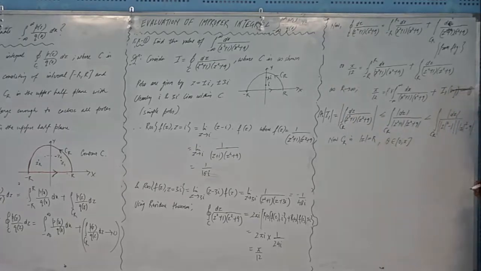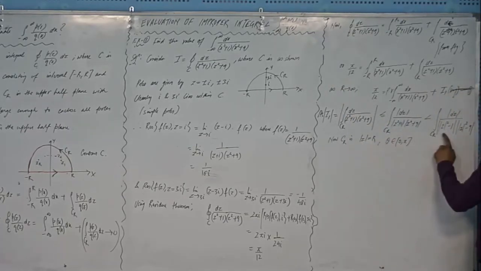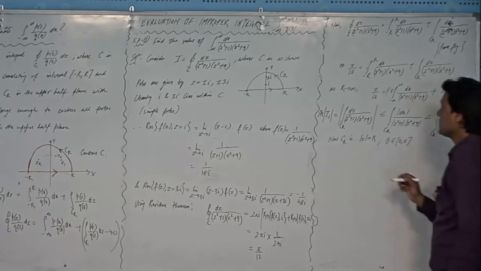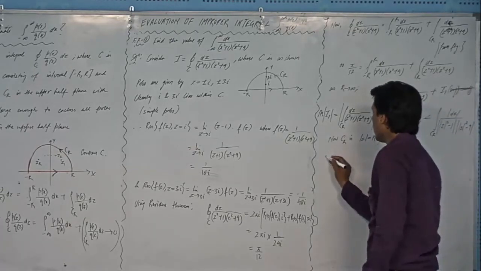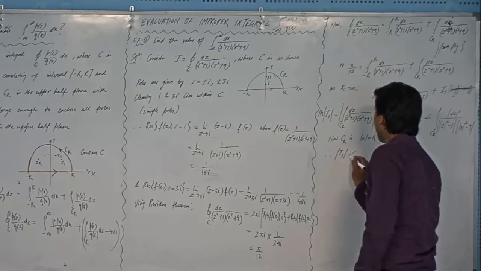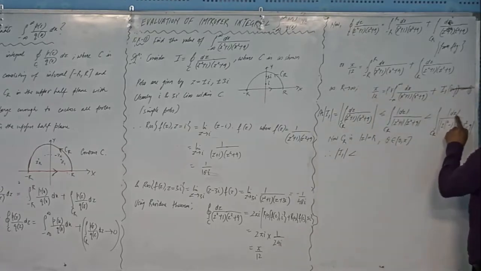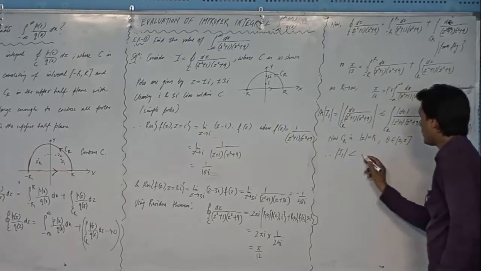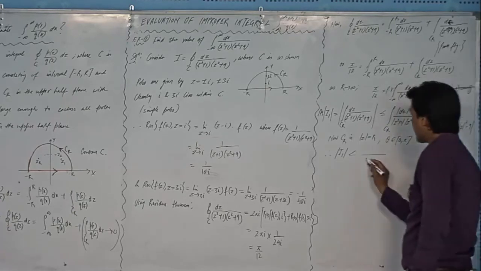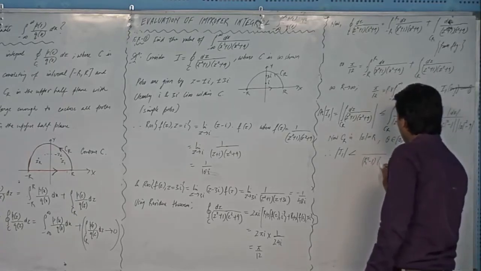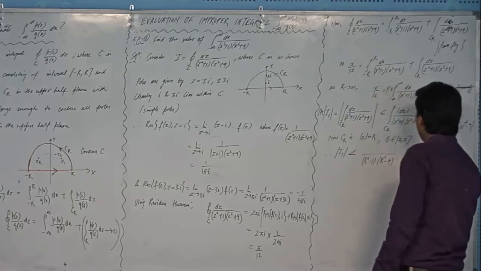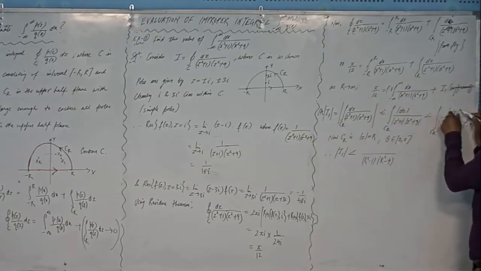So I will replace mod z by R here, right? That will give me, therefore, mod I1 less than this thing. First I will write the denominator part. This is R square minus 1, and this will be R square minus 9. And what about this integral of mod dz?